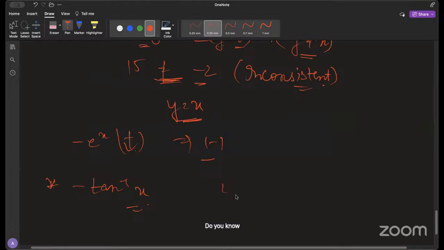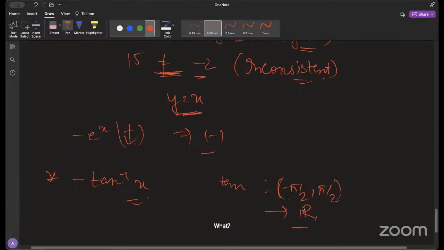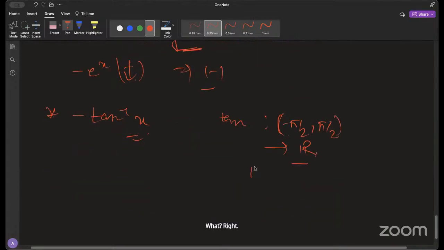You know that tan is a function from minus π/2 to π/2, right? And so your tan inverse will be from here.